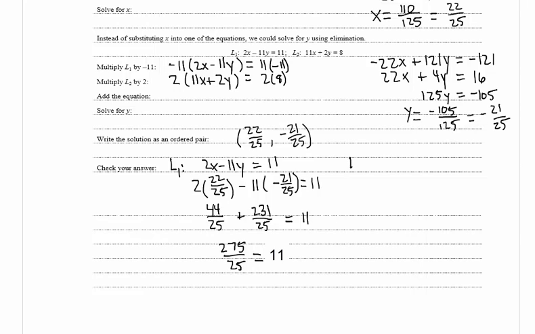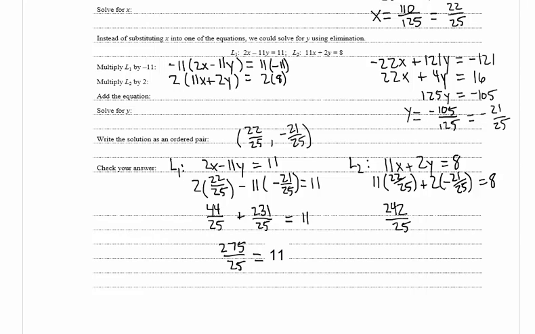For L2, we have 11x plus 2y is equal to 8. And now we're going to plug 22 over 25 and negative 21 over 25 in. So we have 11 times 22 over 25 plus 2 times negative 21 over 25 is equal to 8. 11 times 22 over 25 is 242 over 25.